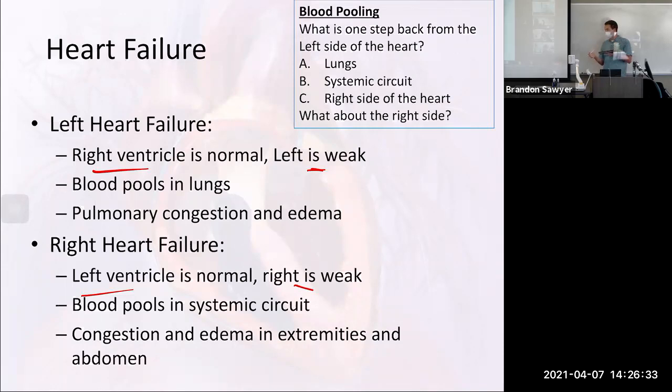Typically, one side is what starts it, but then eventually the other side goes as well. So you usually will end up having both sides of heart failure, but it usually starts with one or the other. Okay, so that's just a good way to think about that question, is what's one step back, and that's where the pooling is going to be.